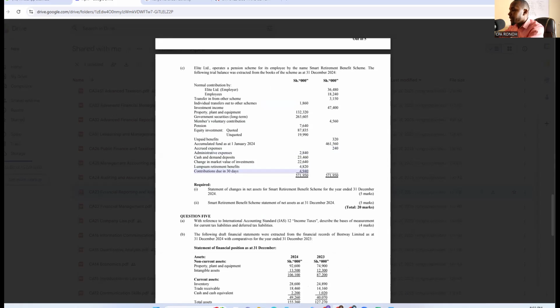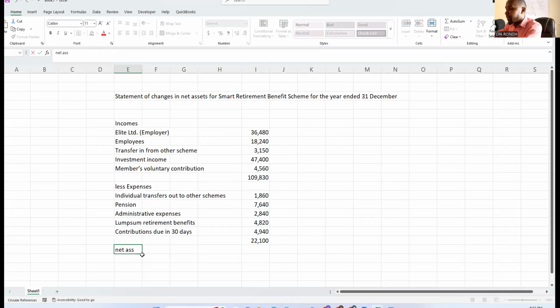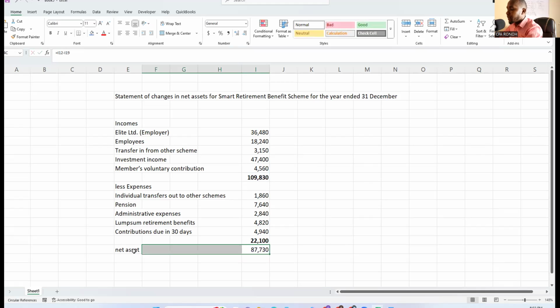Maybe they'll have to pay this contribution, which is due in 30 days, so it will also be part of the expenditure. Get the total of that, so that we get the net assets. The net asset will be this minus this, so that we get that. This is the one which we will take to the statement of net assets.